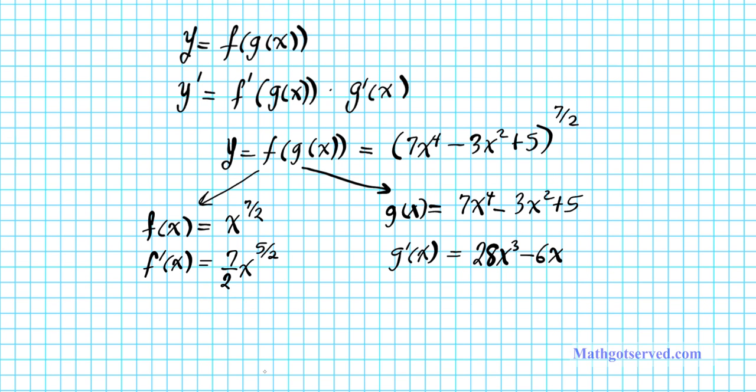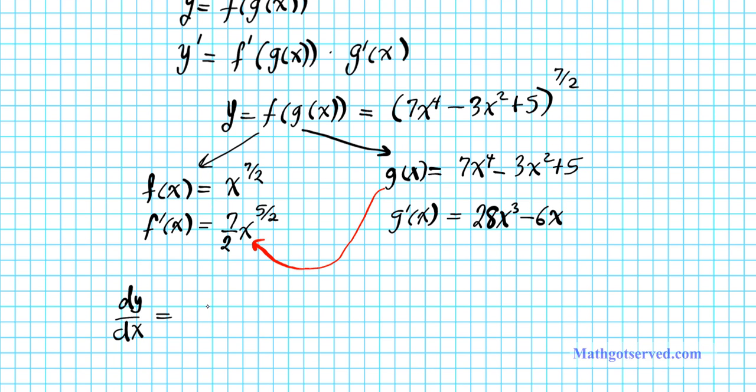All right, so if we apply the chain rule here, we're going to have the derivative of the outside function evaluated at inner, so we just take g and substitute it here, times the derivative of the inner function. Okay, so dy dx is simply going to be f prime of g of x, which is 7 over 2.